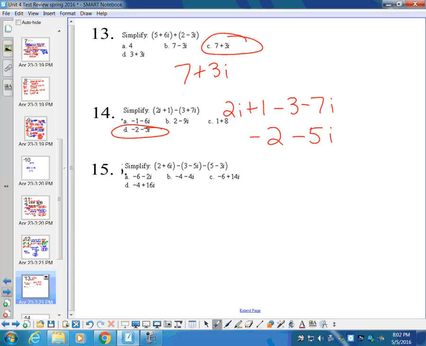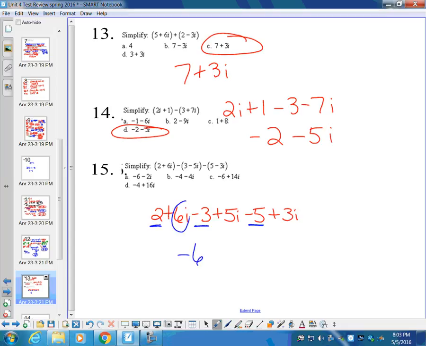Okay, number 15. You are subtracting. So I'm rewriting. 2 plus 6i minus 3 plus 5i minus 5 plus 3i. Change your signs and then you can combine like terms. 2, negative 3, negative 5 would be negative 6.